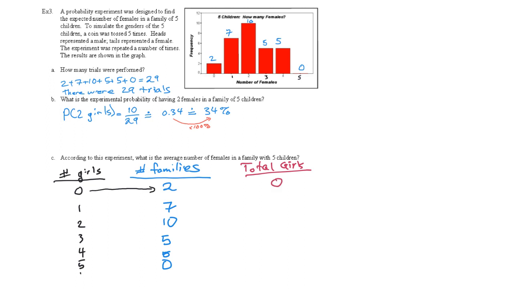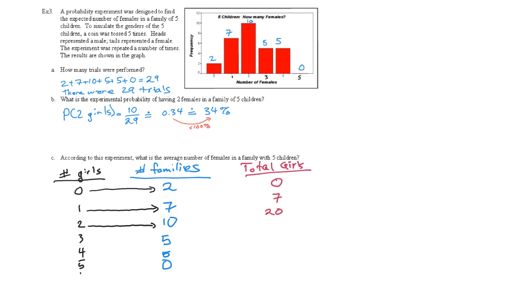Now for our number of girls, if there's 1 girl for 7 families, that means it's 1 times 7, which is, you guessed it, 7. For this one here, 2 girls, and if there's 2 girls and there are 10 families, that means there are, you guessed it, 20 girls.